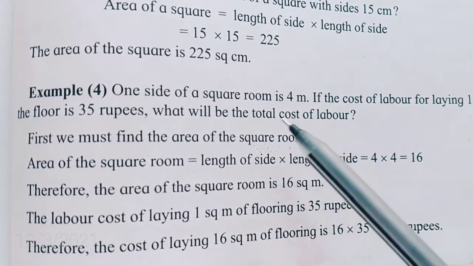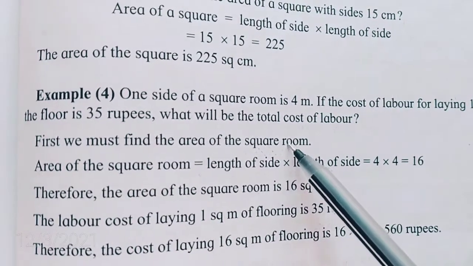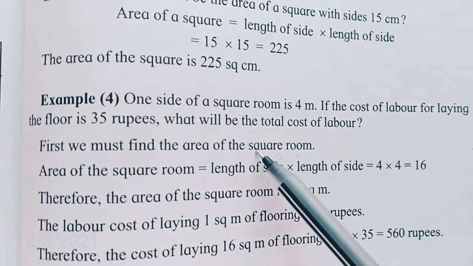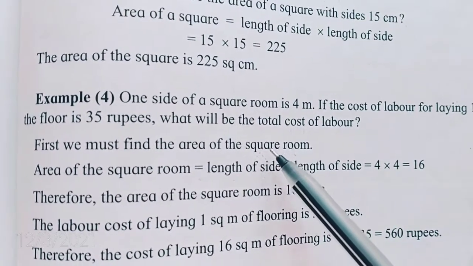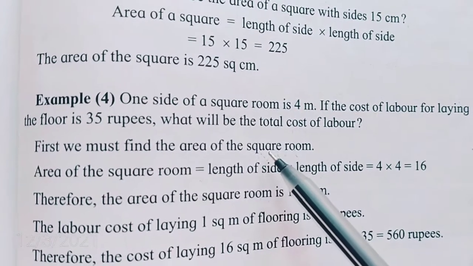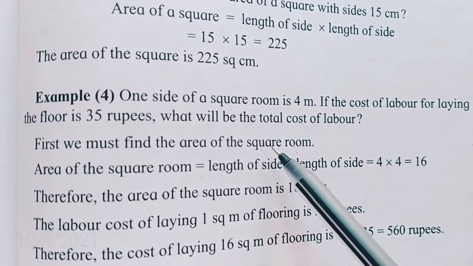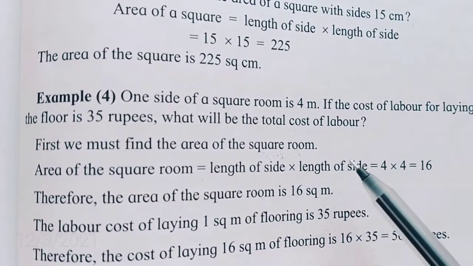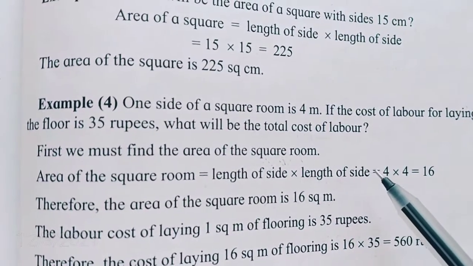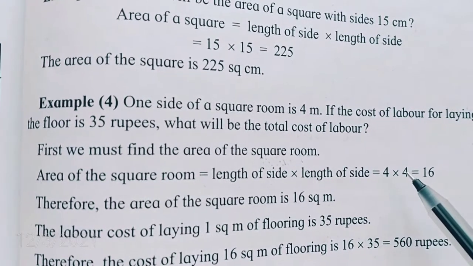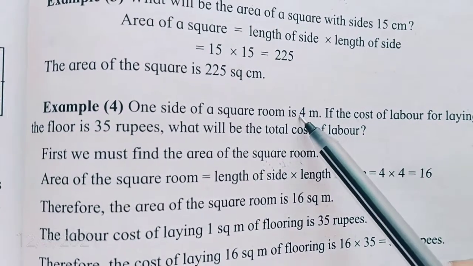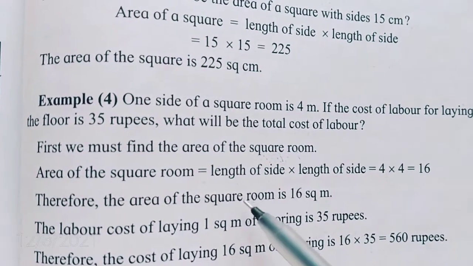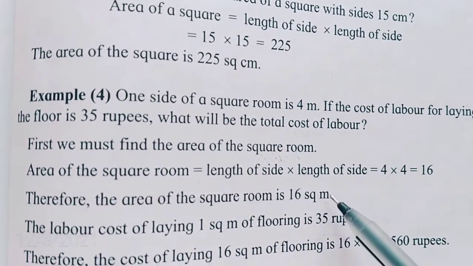To find out the area of the square room you have to put in the formula for the area of a square: length of one side into length of the other side, means 4 into 4. If one side of the square room is given 4 meters, then 4 into 4 is 16. Therefore the area of the square room is 16 square meter.